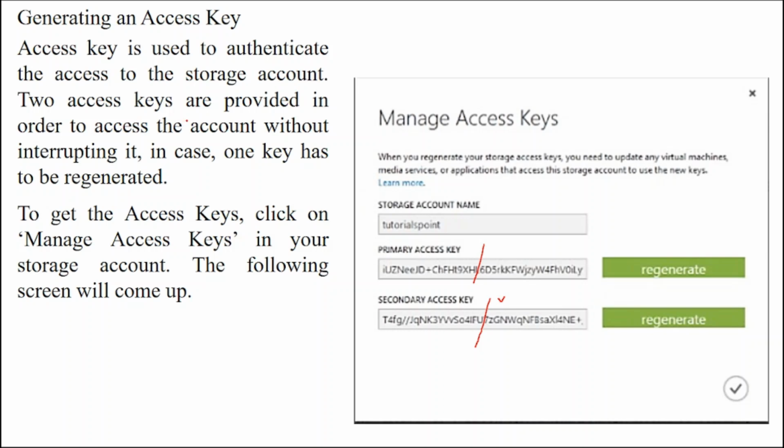Two access keys are provided in order to access the account without interruption in case one key has to be regenerated. To get the access key, click on manage access keys in your account and you will get the key.